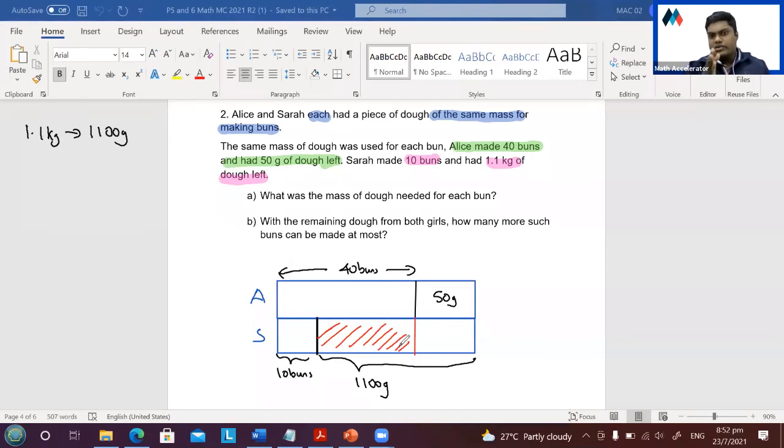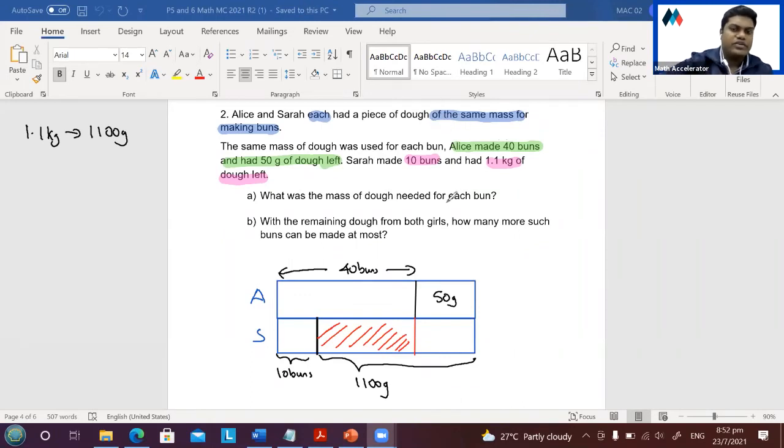Now if you look at the red shaded portion, in terms of buns, how many buns are there in the red shaded portion? Can you tell me in the chat? Yes, you can highlight it as well, up to you.